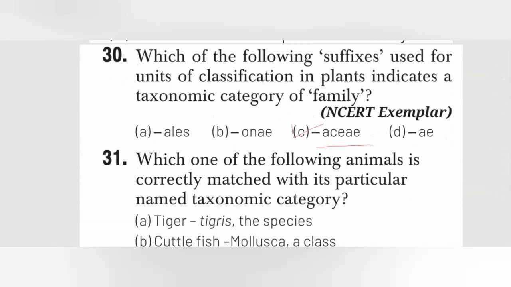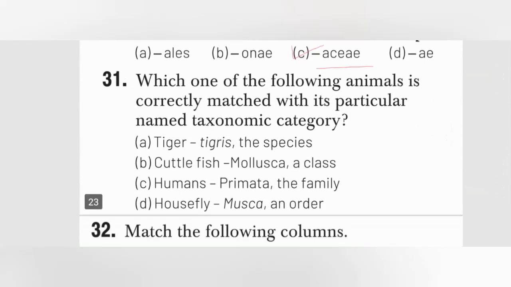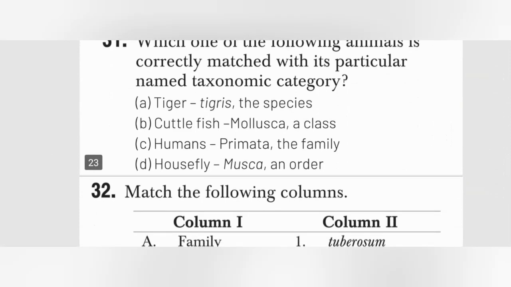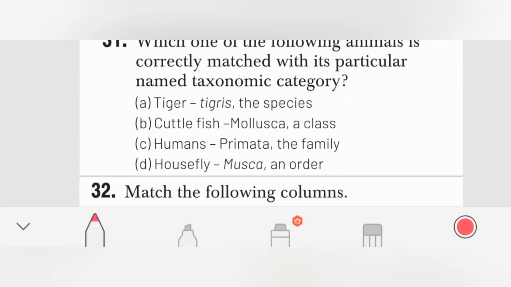Okay. Now 31st, which one of the following organisms is correctly matched with a particular taxonomic category? Options are given: A, Tiger, tigris, the species; B, Cuttlefish, Mollusca, a class; C, Humans, Primata, the family; and D, Housefly, Musca, an order.